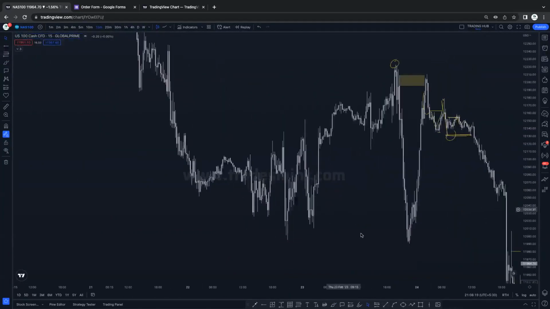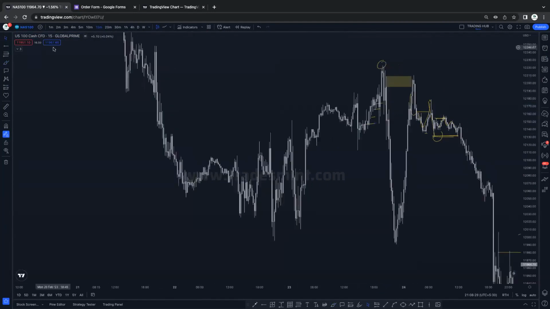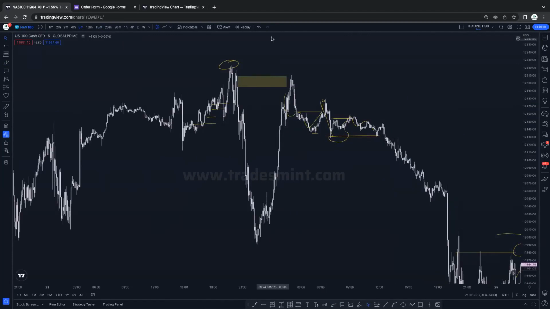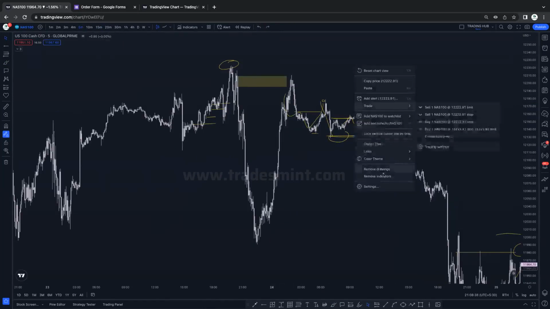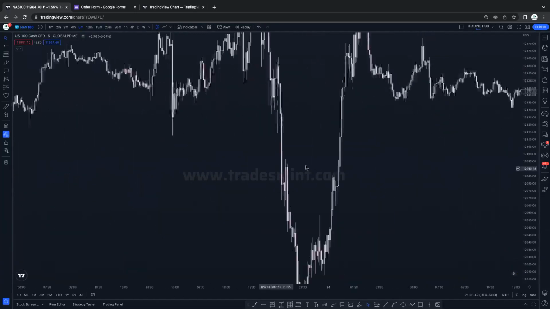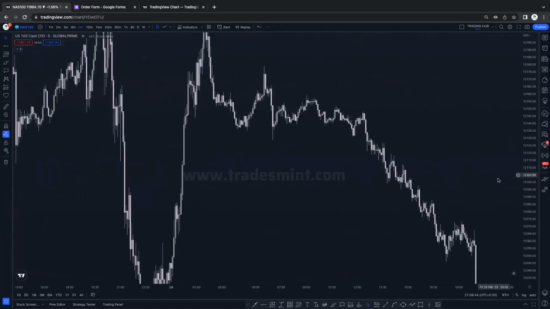And this one. These are internal, but on NAS100 it is not as clear as here. Simply, you can play between the major high or low.